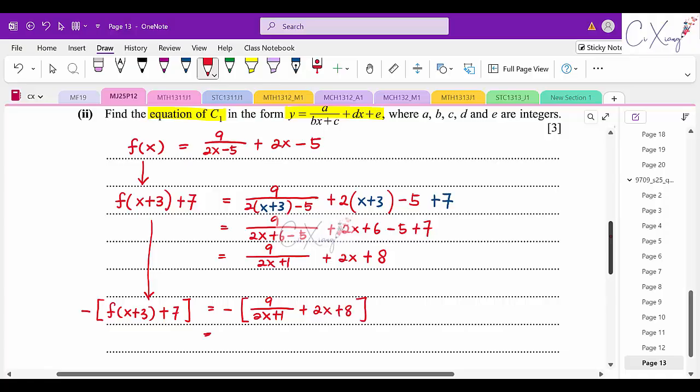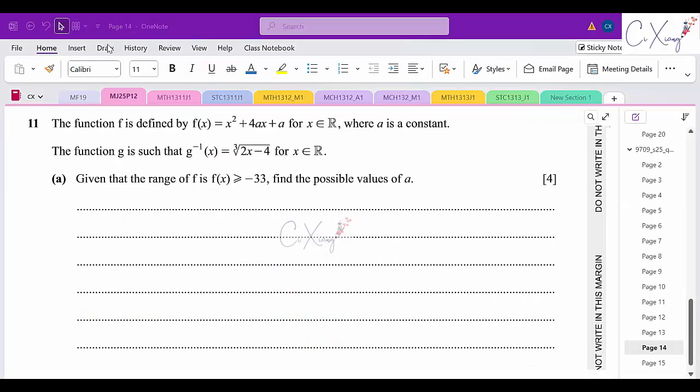Multiply the negative into every single term here. You'll have negative 9 over 2x plus 1, minus 2x, then minus 8. So this will be your equation of C1 after the transformation is applied on C. Yeah, so this is how we solve question number 10.